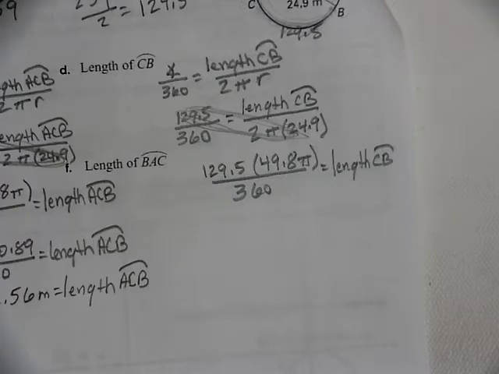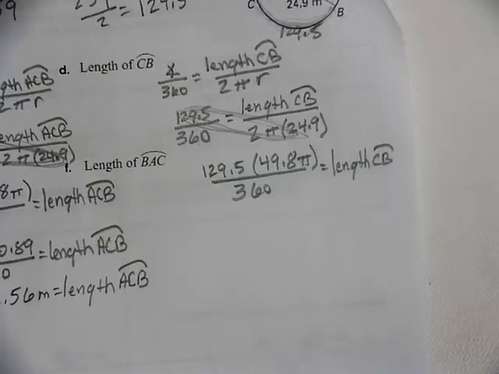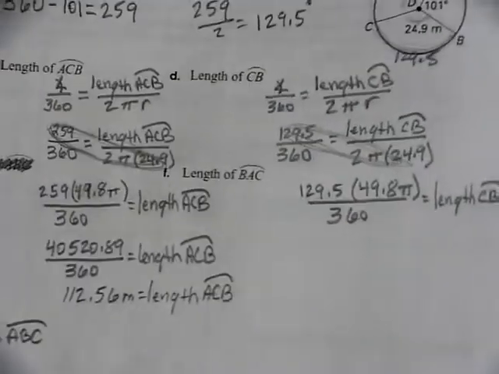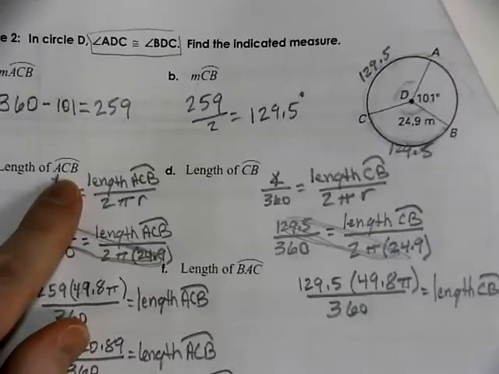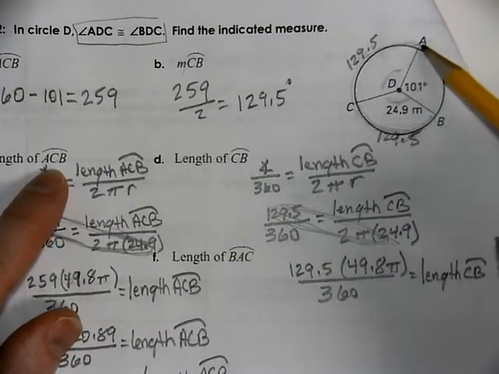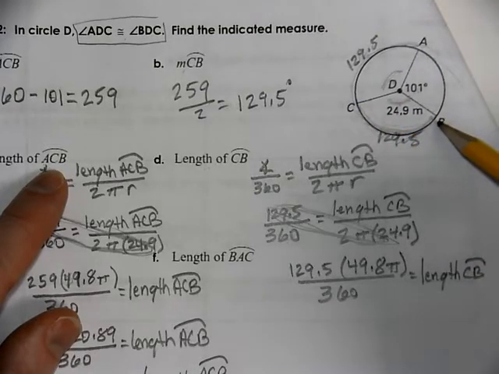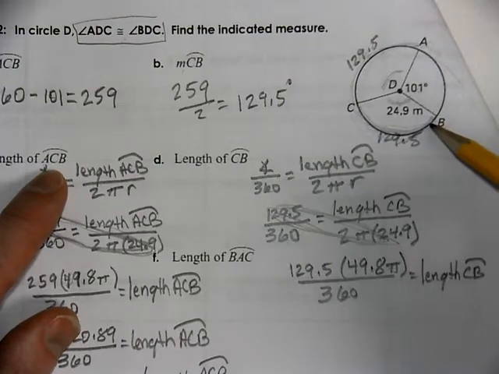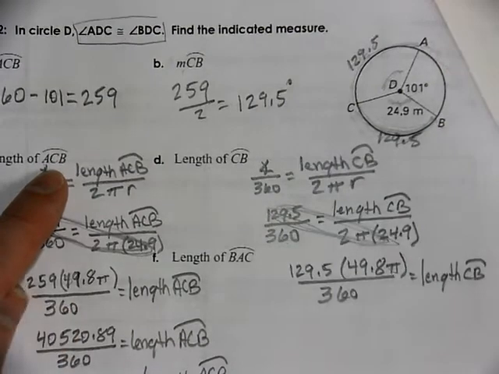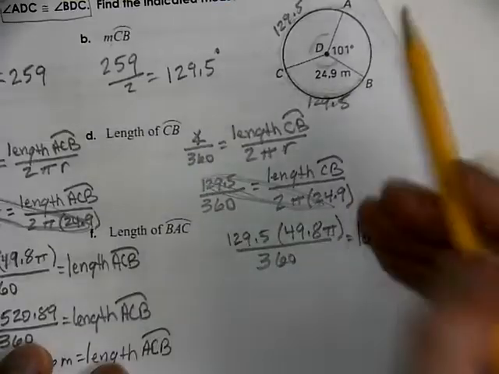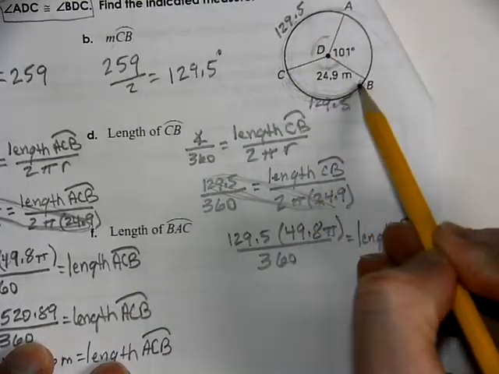Now, before we do this calculation, let's make a prediction of what we think the answer is going to be. In our previous problem, what did we do? In the previous problem, didn't we find out what ACB was? What that total arc length was? This was 112 when it came all the way around.